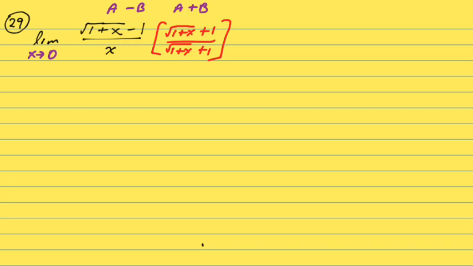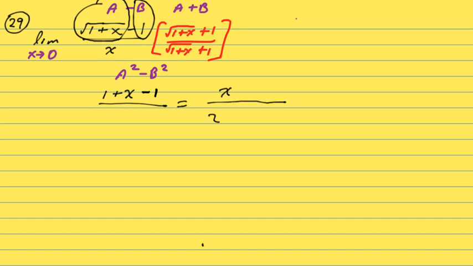What is a minus b times a plus b? Well, it would become a squared minus b squared. If a is this radical and you square it, the radical goes away. Minus, if this is b, b squared would be 1. 1 minus 1 is 0, leaving the numerator with an x, which could cancel with the x in the denominator.